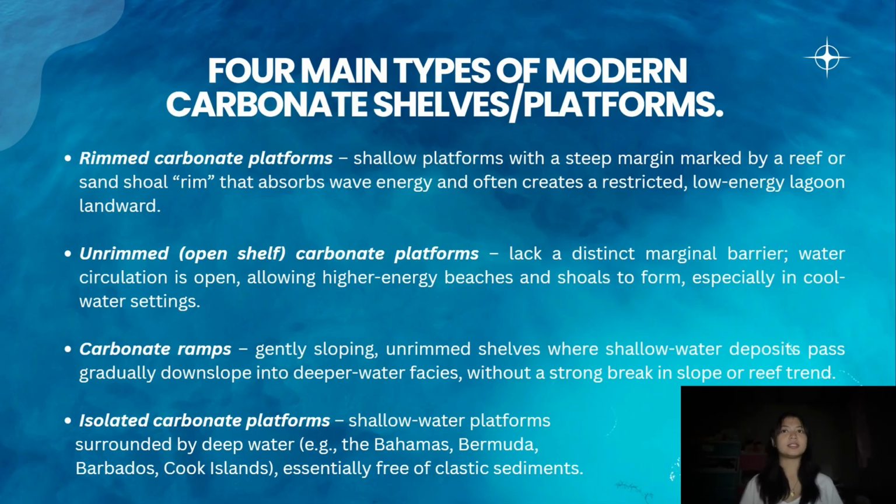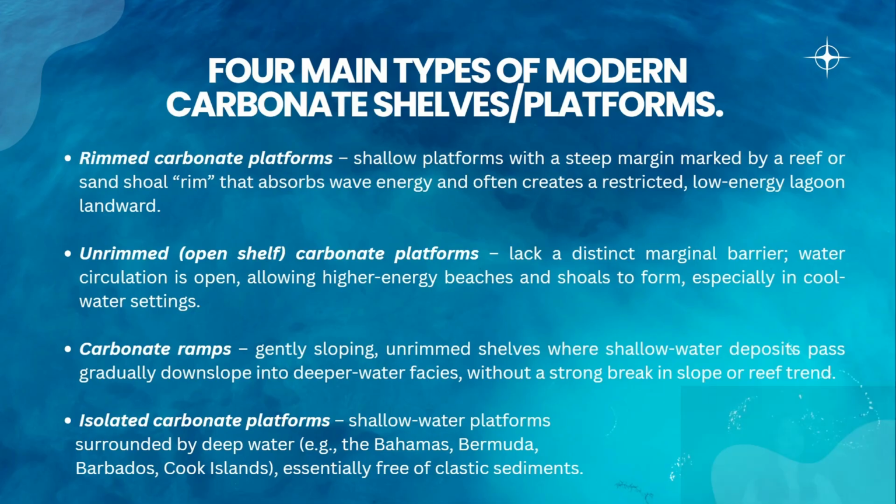The last one is isolated carbonate platforms. These are standalone shallow water platforms surrounded by deep water. They are typically free of clastic sediments, making them distinct from continental shelf settings.